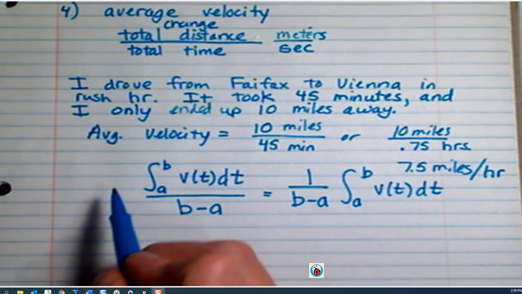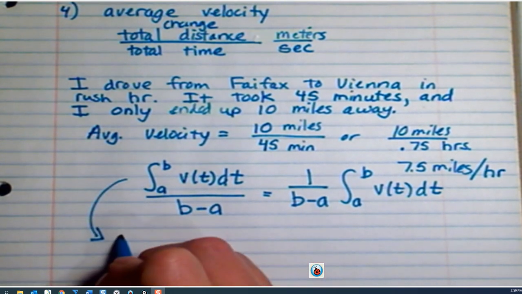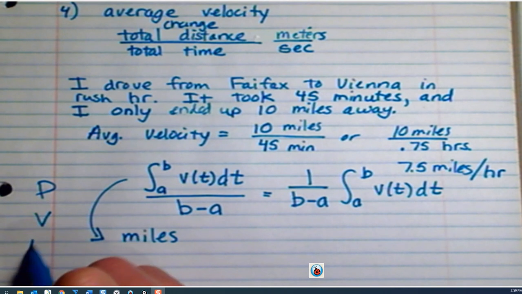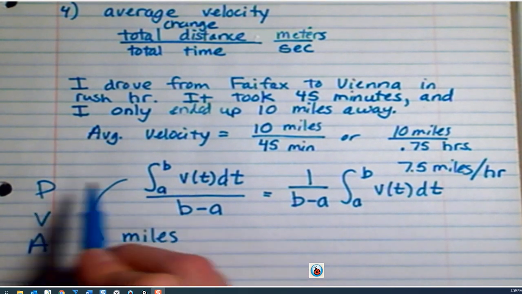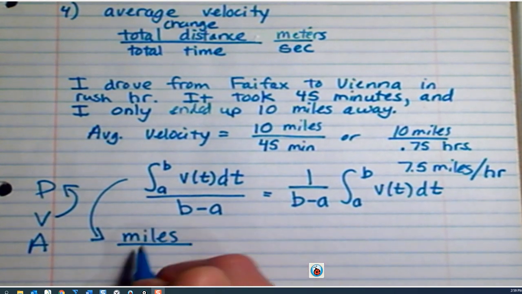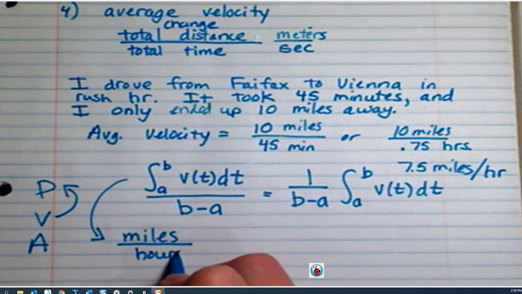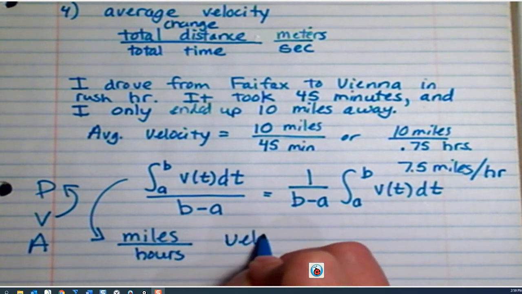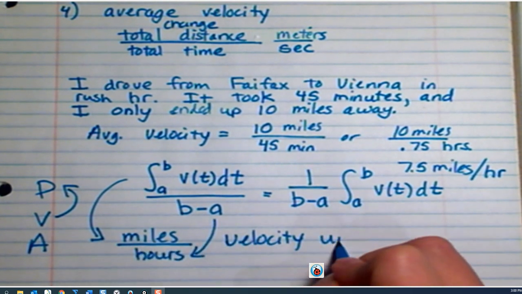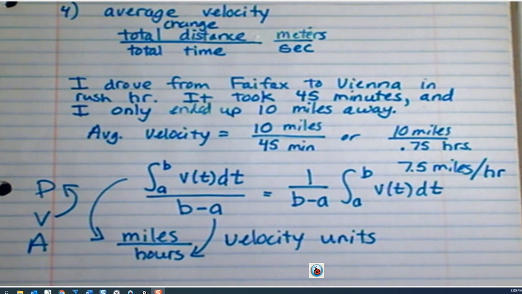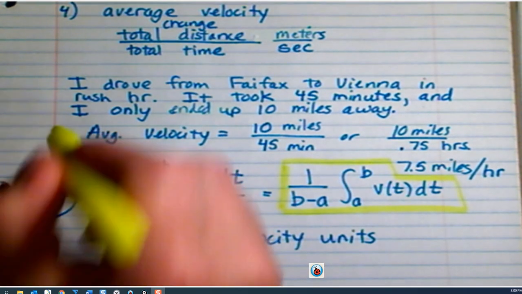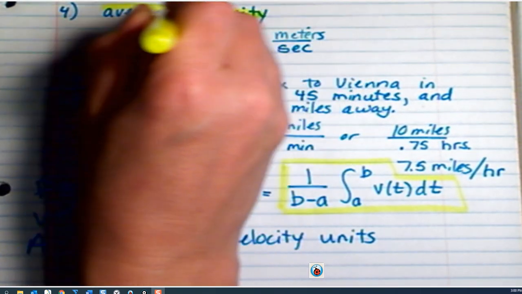I want you to pay attention to the units. The top units are miles, right? Because position, velocity, acceleration. When you go backwards from velocity, you get distance. Notice here the B and the A are the time values. And so here we get hours, which means the units are velocity units. That's why this is the average velocity formula. Average velocity formula.